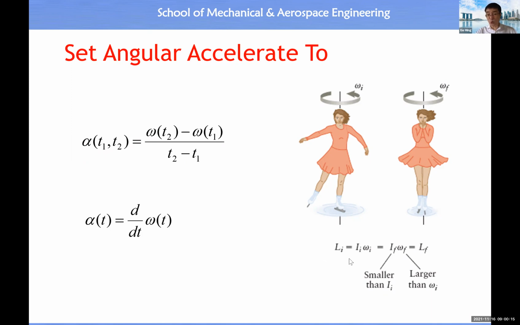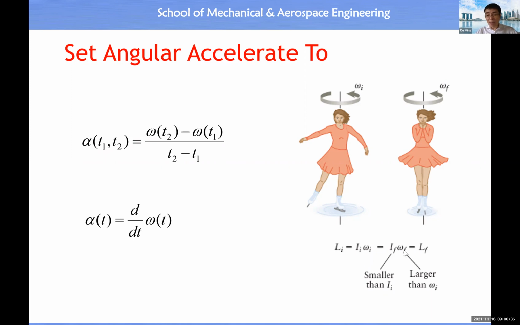So this is equal to the angular momentum. So in physics, you understand, without the external force, the momentum of any rigid body is conserved. That means this one is equal to a constant.